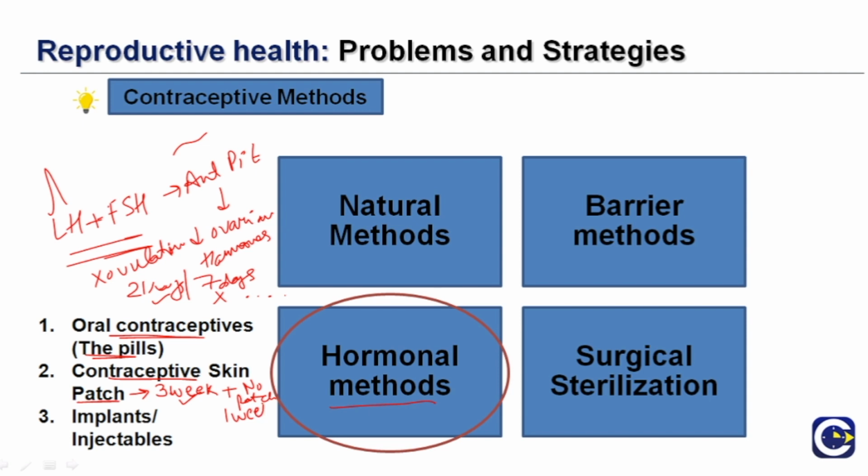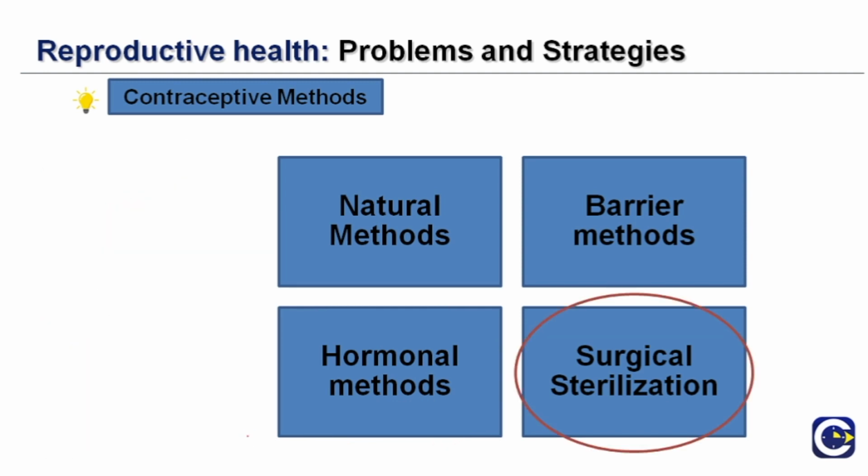The mechanism is similar to that of the pills, but instead of pills we have a patch. The third one we saw was implants and injectables, and we saw Norplant, which is a 6 capsule structure under the skin. So these were the hormonal methods.